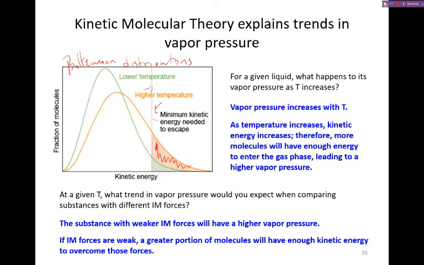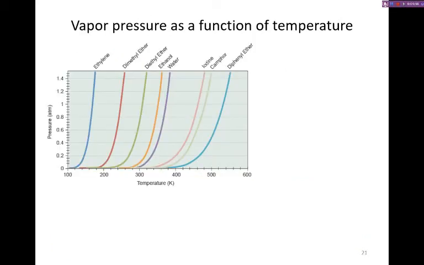And so these are some curves that look at how vapor pressure is a function of temperature. These are exponential curves you can see, and we can see that it varies based upon the types of molecules that are involved. So we know that water is relatively polar, ethanol a little bit less so. Diethyl ether looks like this.